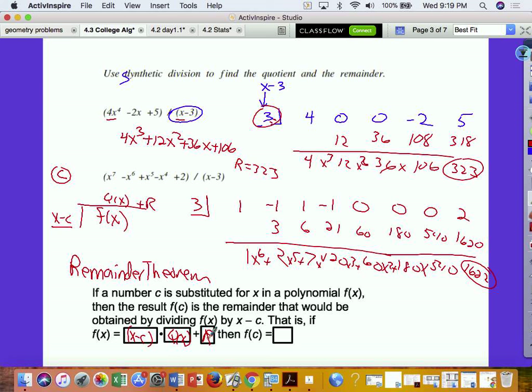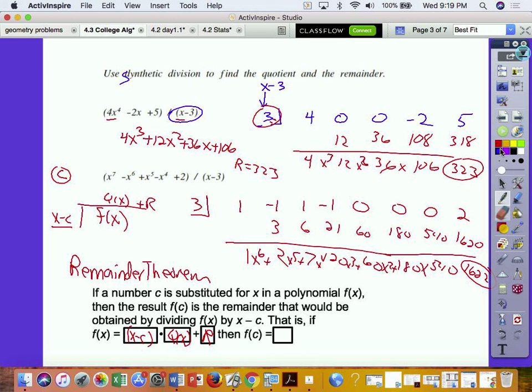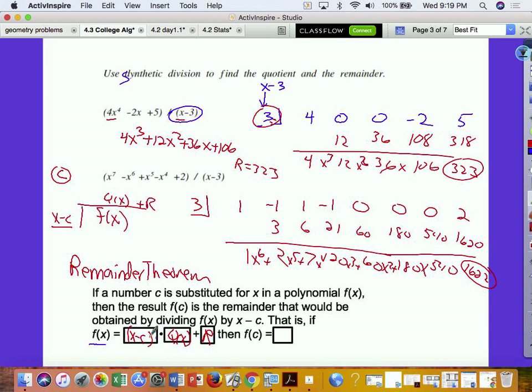So now the question is, what is f of c? What would you get out if you plugged in c into f of x? Well, f of x is equal to this factor times this plus that. So let's put this c right in there, and there, and there's no x to put it in over there, so we'll see what happens.